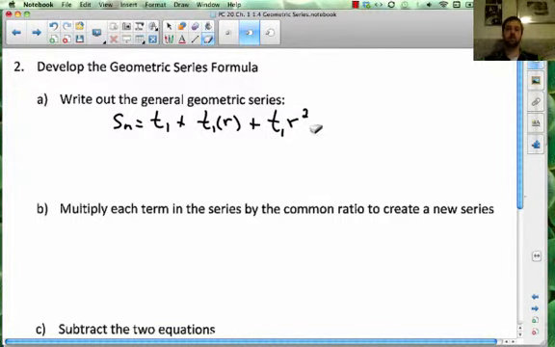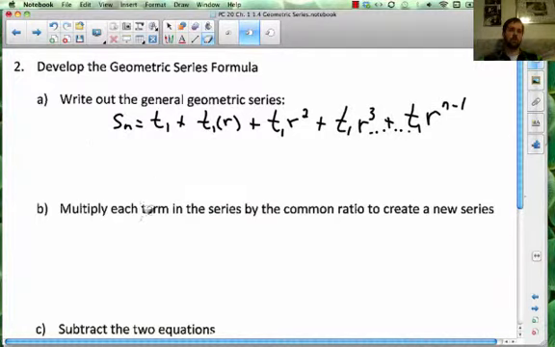And it would continue like this all the way up to however many terms you have in the series. So the fourth term is t1r cubed, and then it would continue that way until we get t1r to the n minus 1. Alright, so this would be the last term in the series.